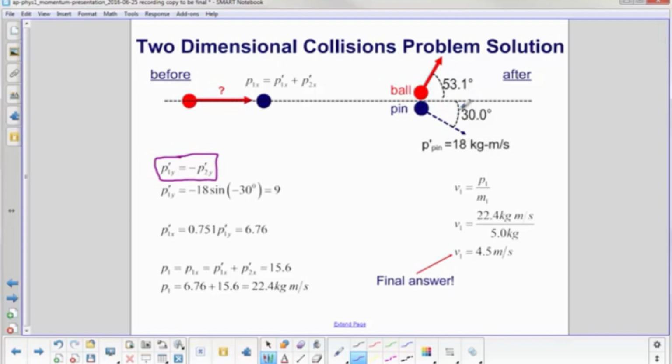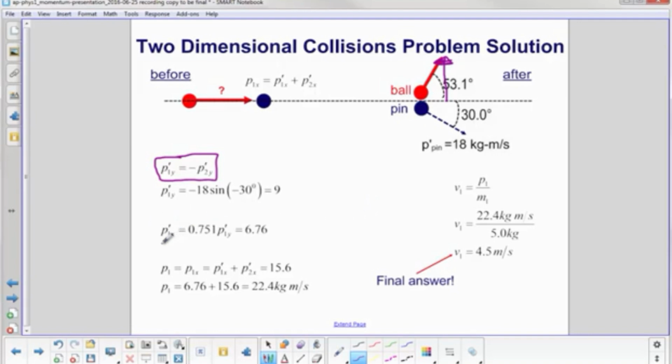In this case we'll call it negative 30, and then negative 18 sine negative 30 equals 9. That makes sense because we know that p prime 1y is in the positive direction. So even if we just used 30 here, we would have known to switch it and make sure that we have a positive momentum for p prime 1y.